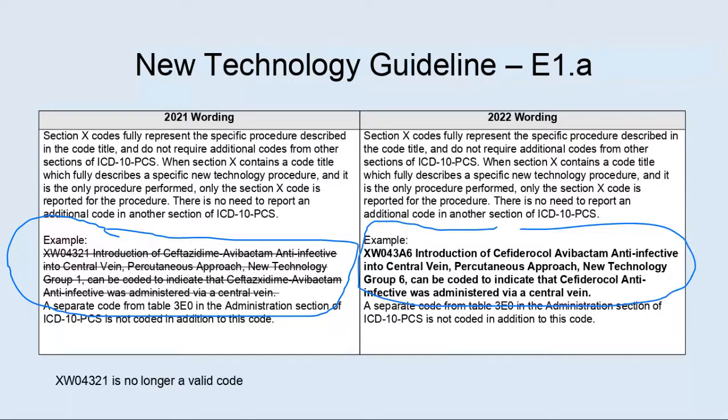So this one is no longer a valid code, so they had to change it. So they changed it from one anti-infective to another anti-infective. But the most important part of this is the sentence that a separate code from table E30 for administration is not coded in addition to XW04386. That's the most important factor in here.